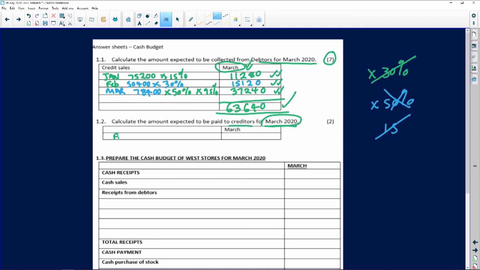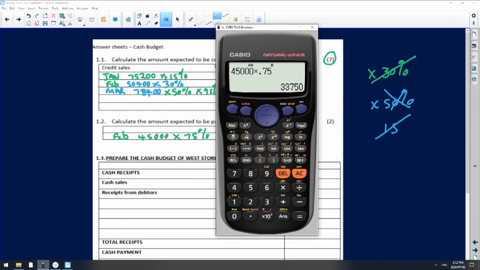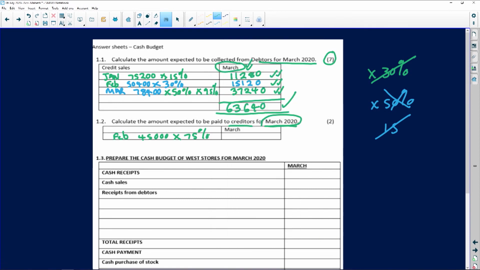So it's obviously the amount from Feb. I'm just quickly repeating my calculation. So 45,000 times 75%, and the amount I would pay my creditors, 33,750. So let's just fill that in, 33,750, and that would have given you 2 marks.